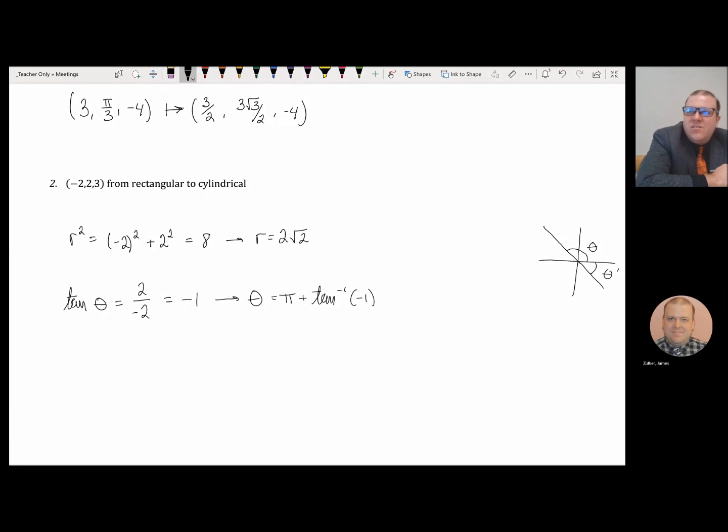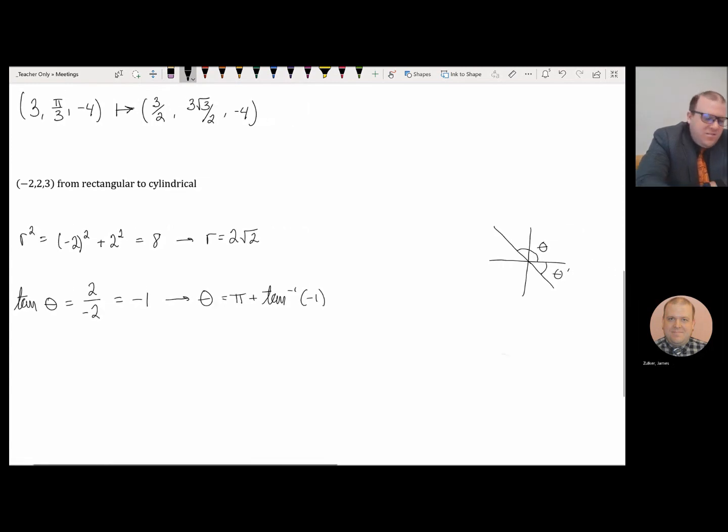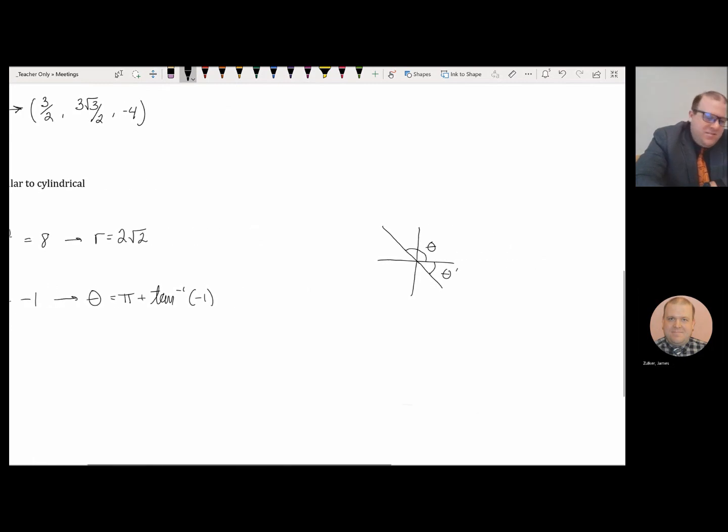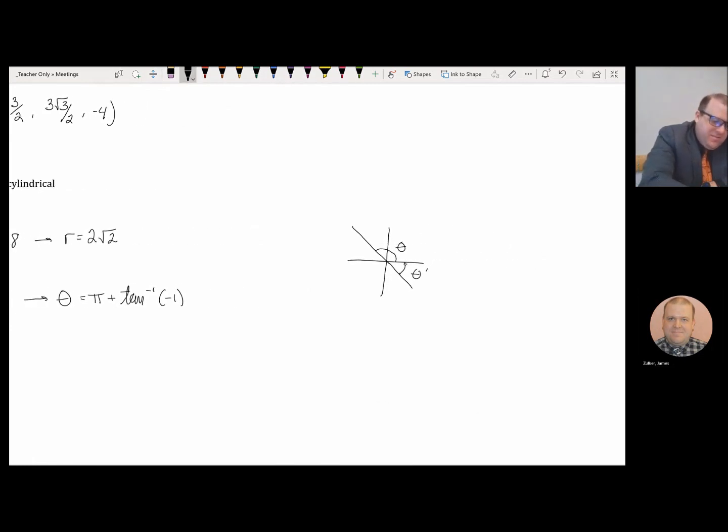Is it that one? Well, remember, -1 itself is what tangent theta equals. So this is the angle that we're going to get. You have to think of the unit circle. If you draw a unit circle, terrible looking unit circle, but whatever.